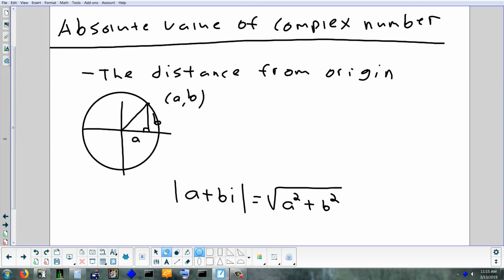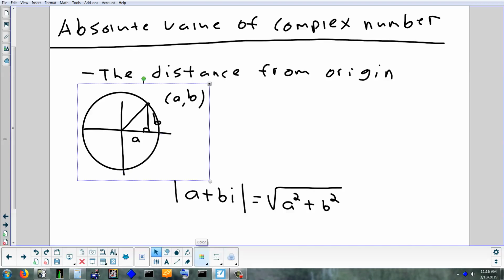So that hypotenuse in that triangle, by drawing that circle, I just made the hypotenuse the what of that circle? The radius. Right? So when we talk about finding a radius for a complex number, all you're really doing is finding the absolute value of it. It's the distance from that point to the origin, which is like a radius. We're not calling it a radius yet, but we're going to coming up.